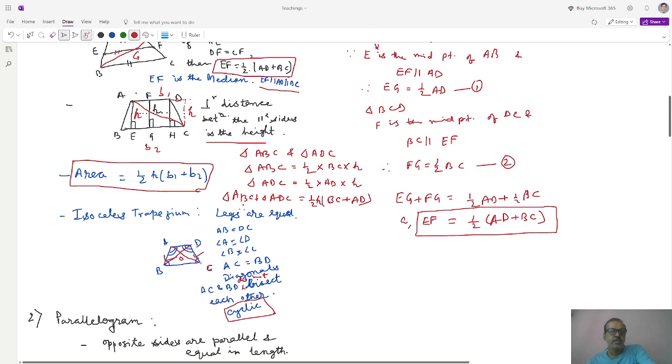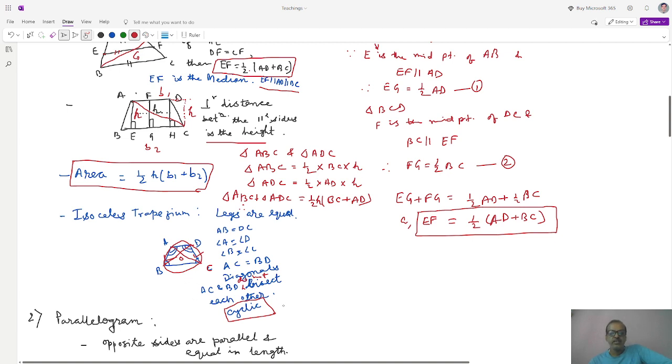I am saying again, these four vertices A, B, C, D. We can draw a circle taking these four vertices. That is, an isosceles trapezium is known as cyclic.